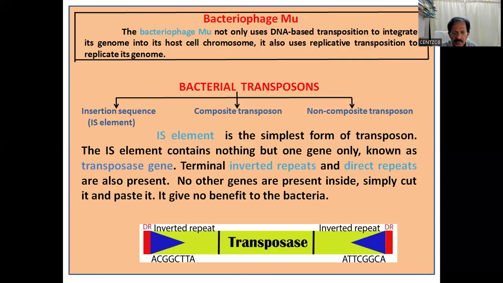The terminal inverted repeats are present, and direct repeats are also present just outside. The inverted repeat is this, and this is the direct repeat. No other genes are present inside. Simply cut it and paste it, so a cut and paste mechanism is there. It gives no benefit to the bacteria.